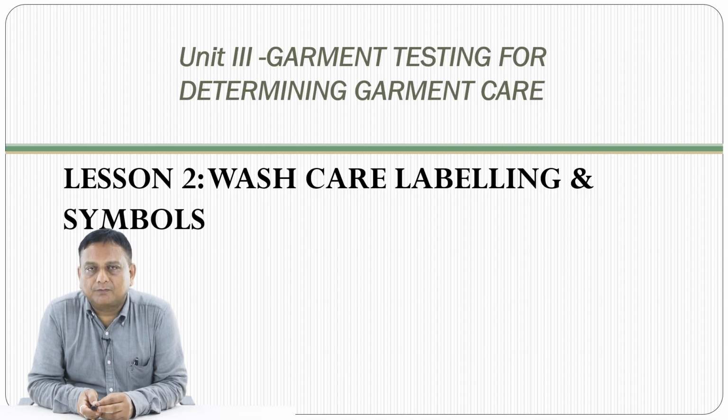Those steps will be followed by using detergent systems or water systems, and there are other aspects of non-aqueous media of washing the garment, that is called dry cleaning, and professional dry cleaning is also involved. So in lesson 2 we will talk more about these care labeling aspects and the symbols. Let us see now what are the areas we should concentrate upon in wash care labeling.